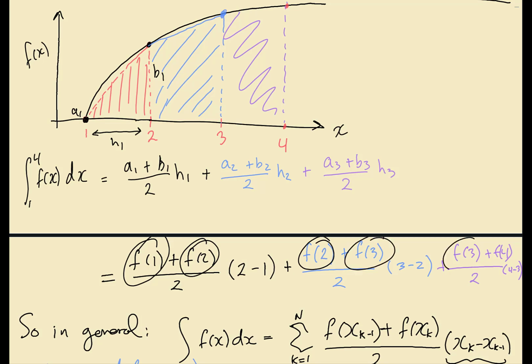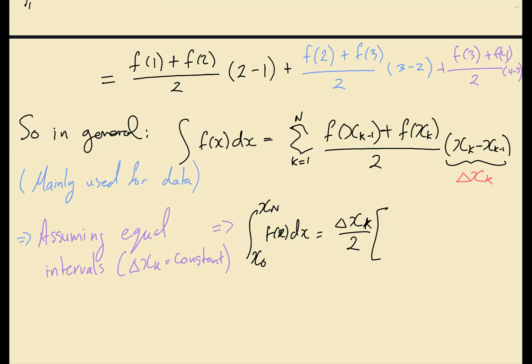And 3 is also twice. 4 is once. So all the points in between the first and last point are going to be multiplied by 2. But the first and the last point only appear once, so we don't have to multiply them by anything.